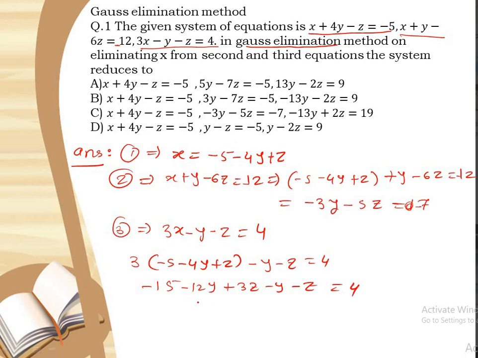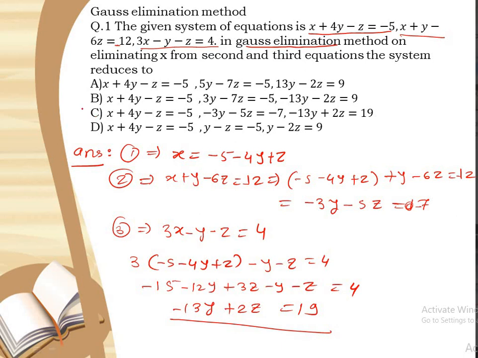If we simplify this, we get minus 12y minus y, that is minus 13y, 3z minus z, that is plus 2z, and that is equal to minus 15. If we take it across, we get plus 15, plus 15 plus 4, that is 19. So this is the third equation, minus 13y plus 2z equal to 19.